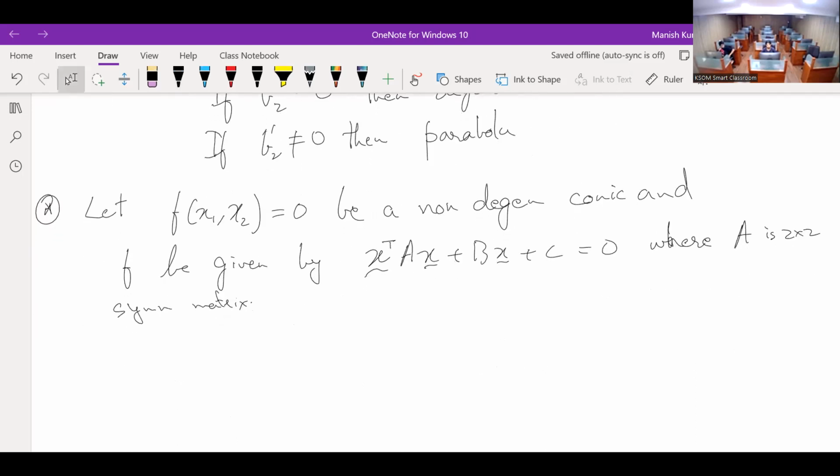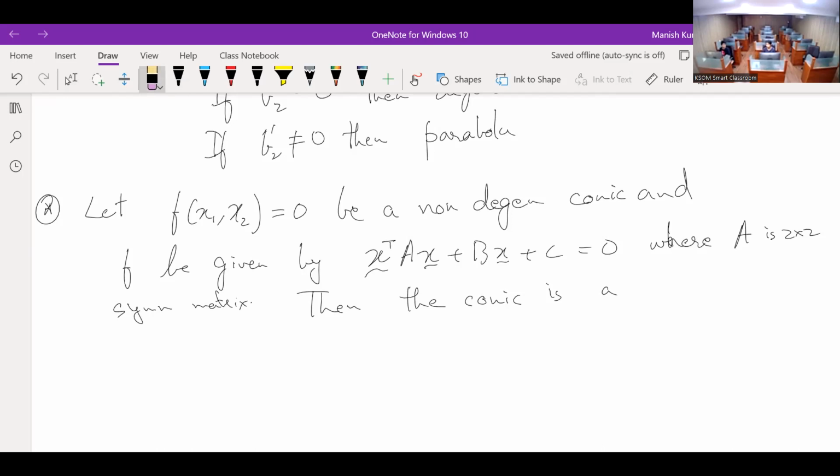Then the conic is a parabola. So there are three cases.